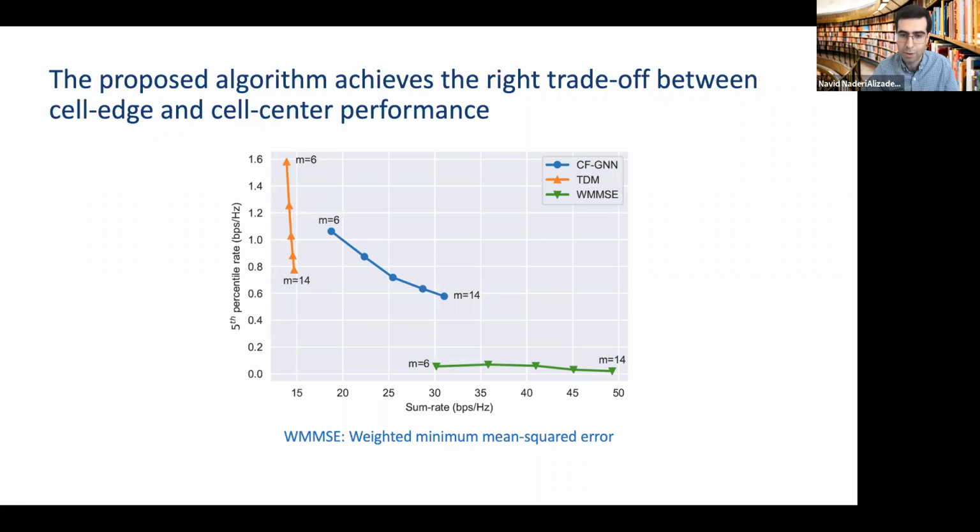So it does power control based on a purely sum rate objective function. So you see that it gets a very good sum rate, but in terms of 5th percentile, it's performing very badly. And our approach, which is using the GNN, is sitting in the middle. It's not getting the best of both worlds, but in terms of the trade-off, it's performing decently as compared to the two extremes.